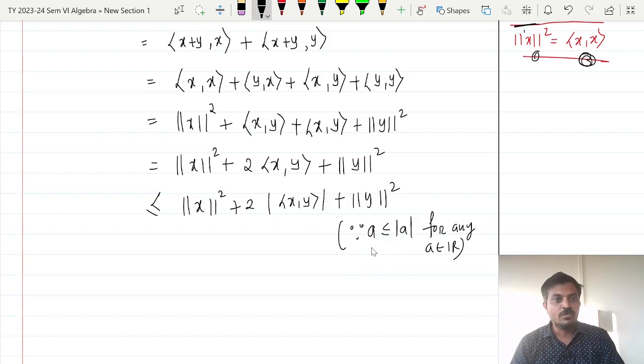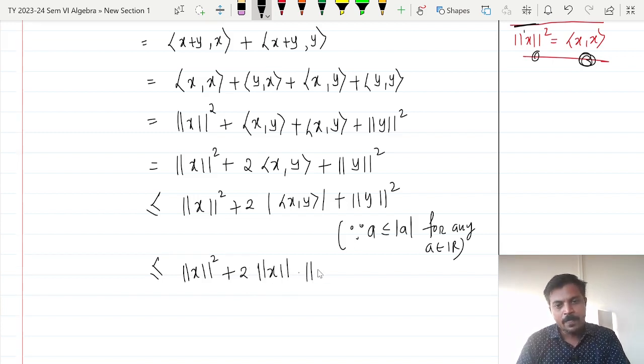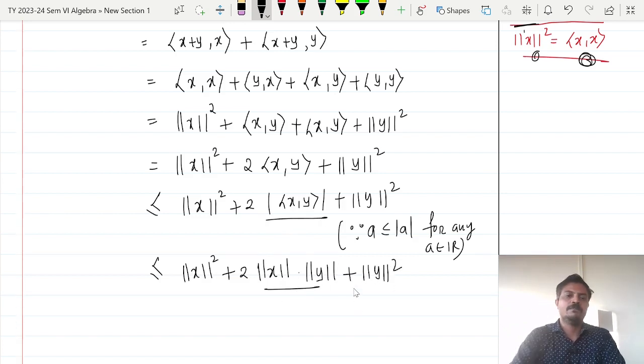But recall Cauchy-Schwarz inequality. This will be further less than or equal to norm of x whole square plus twice norm of x multiplied by norm of y, see here, plus norm of y whole square.